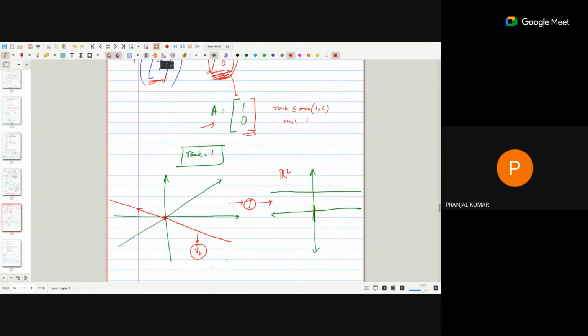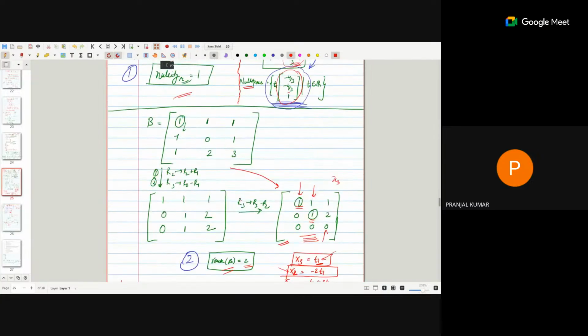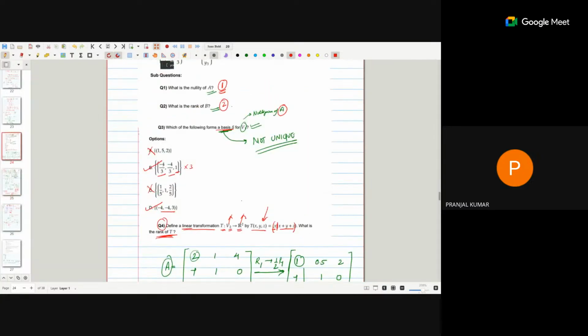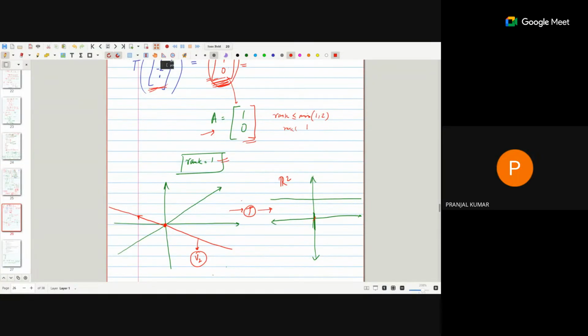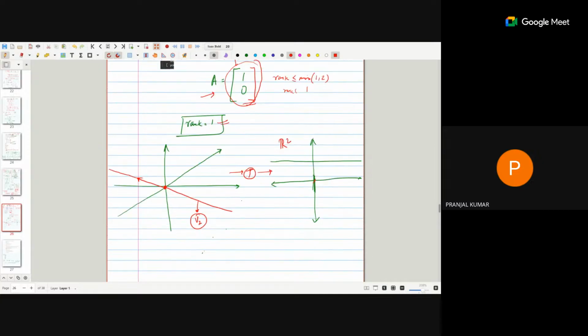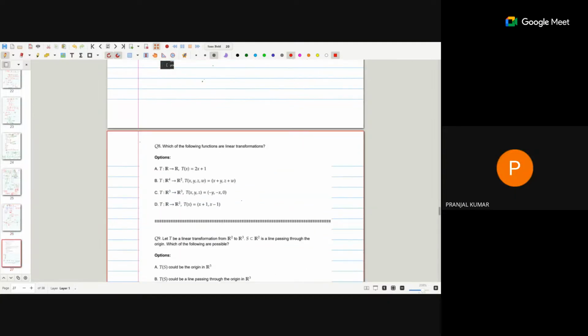Okay, see, your matrix is just a column vector, so its rank is 1, and that too a non-zero vector. Is this clear?